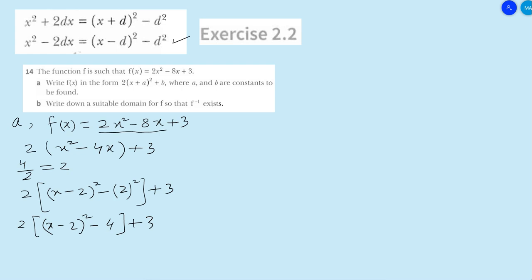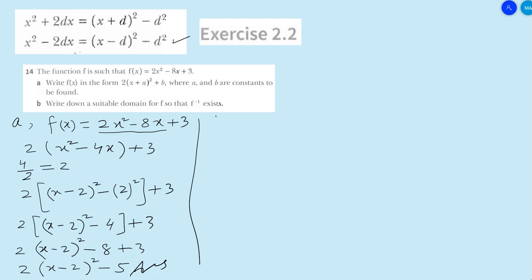Now multiply this by 2. So 2(x minus 2)² minus 8 plus 3, which is minus 5. So this is the requirement of part A. Our answer is 2(x minus 2)² minus 5.